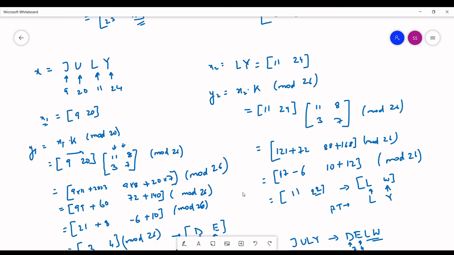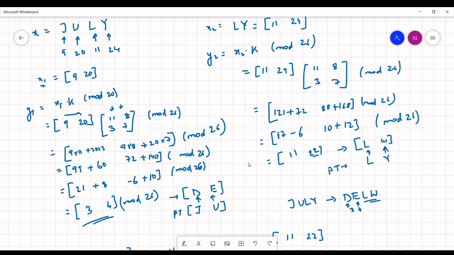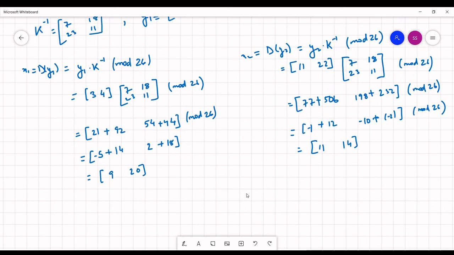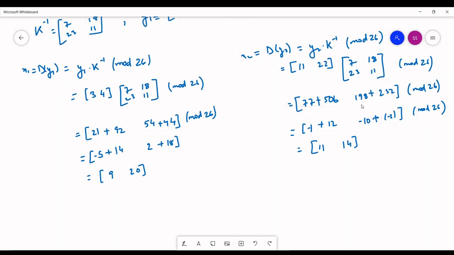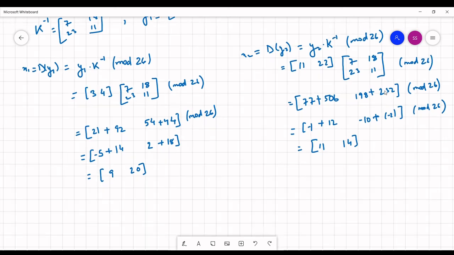I think I made some mistake. Let me check again. It should be 11 and 24. Yeah, so I found the mistake. I made a mistake in multiplying 22 into 11. It's not 232, it should be 242.